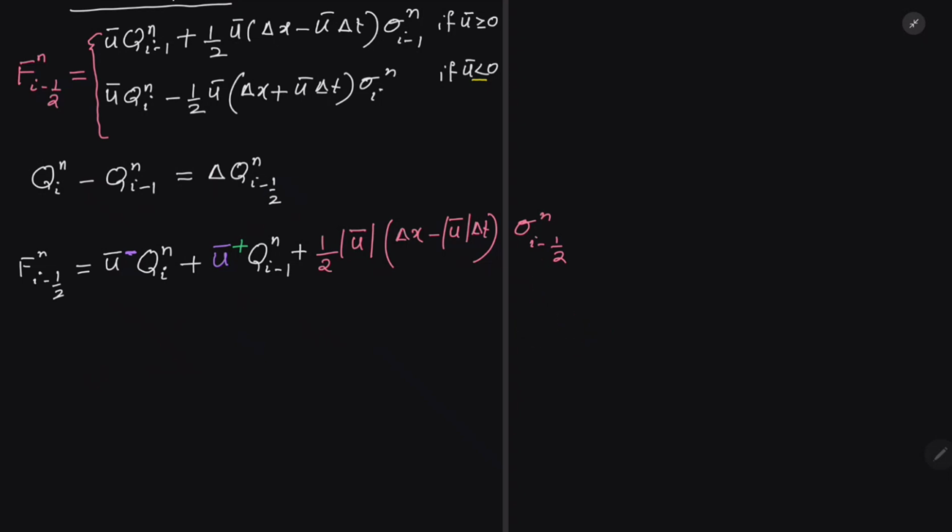You can do this as an exercise: find the formula, check fn I minus 1/2 for u bar less than 0.